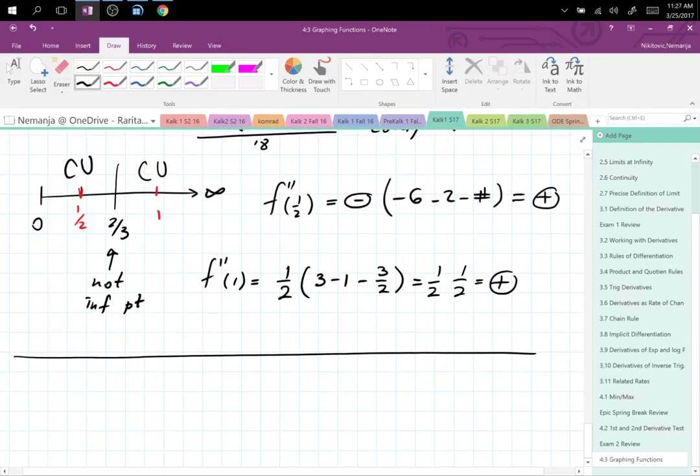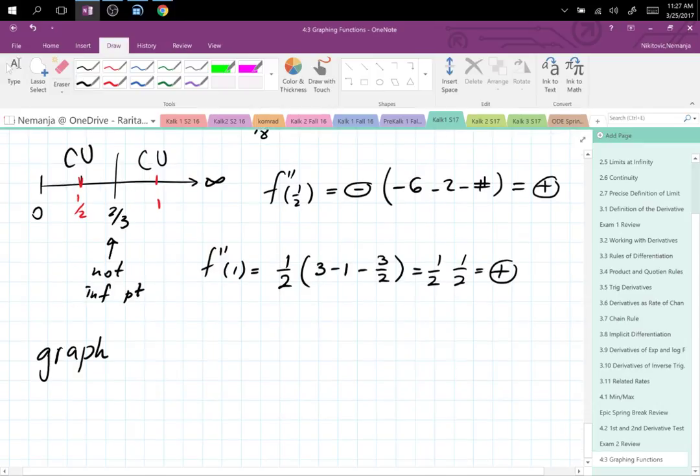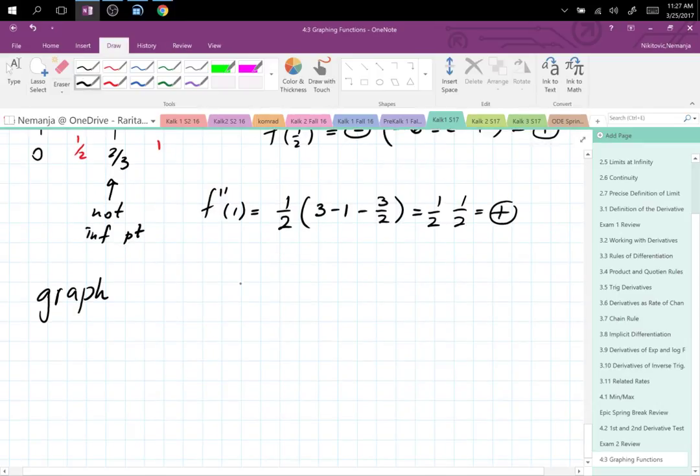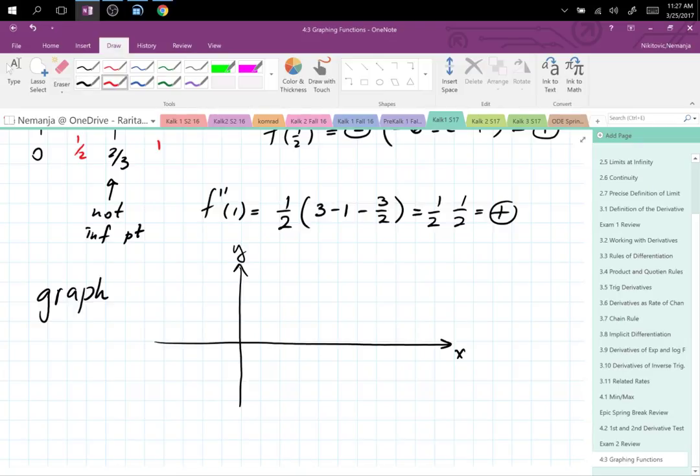Great. Now let's see if we can graph. If not, we'll find more points and stuff. So I start with my xy axes. I know there is a vertical asymptote at 0.